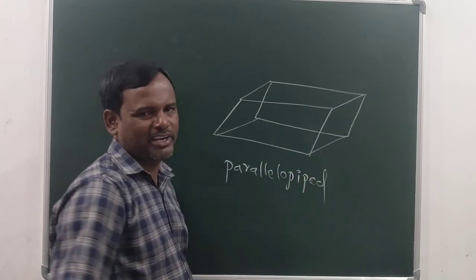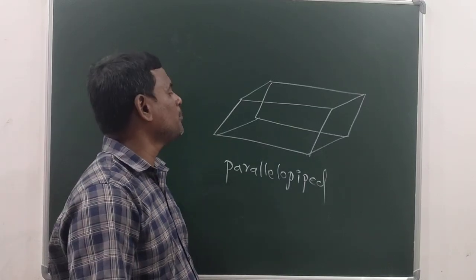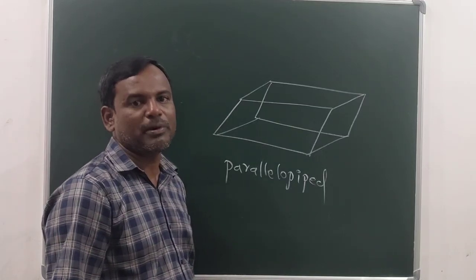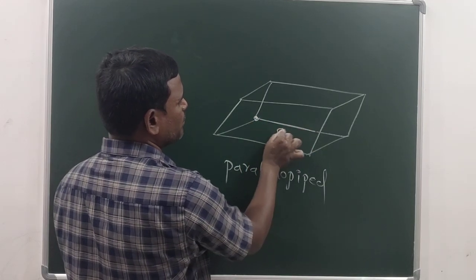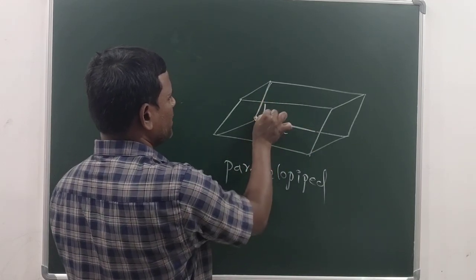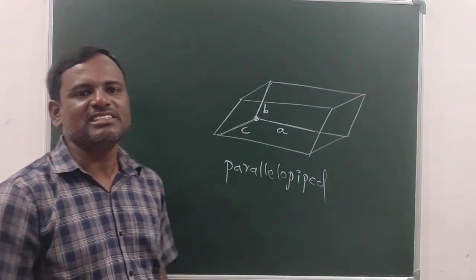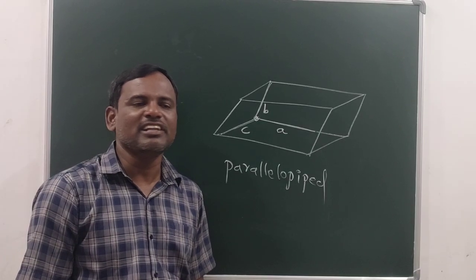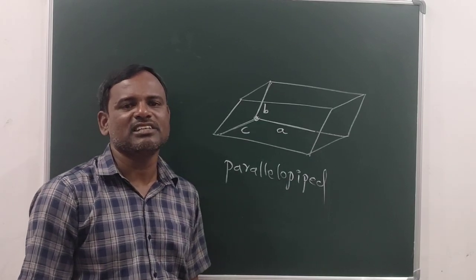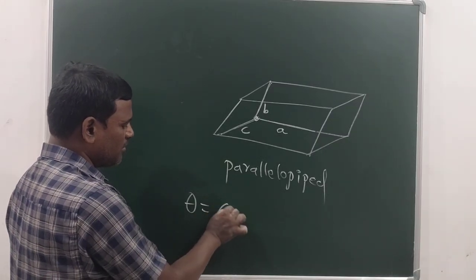A cuboid's surfaces look like rectangles, but a parallelepiped's surfaces look like parallelograms, whose co-terminal edge lengths will be given to you. This is A and this is B, this is C. So the lengths of co-terminal edges of a parallelepiped are given as A, B, C, and then find the angle between any two diagonals of this parallelepiped. So this is the formula.